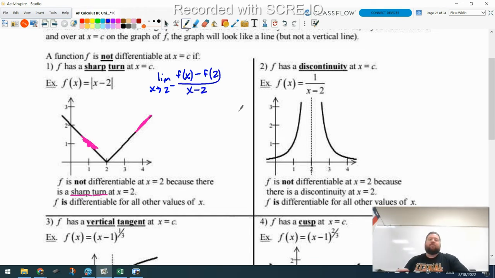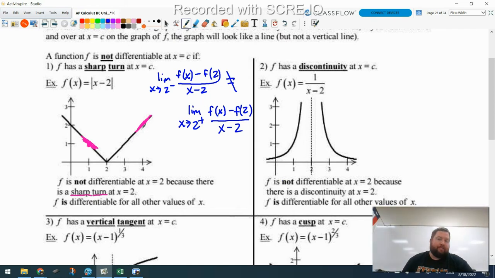That's the alternative form of the definition of derivative. And we would say that that is not equal to the limit as x approaches 2 from the right of f of x minus f of 2 divided by x minus 2. This is the same thing as saying sharp turn. It's just a more formal way to write it.